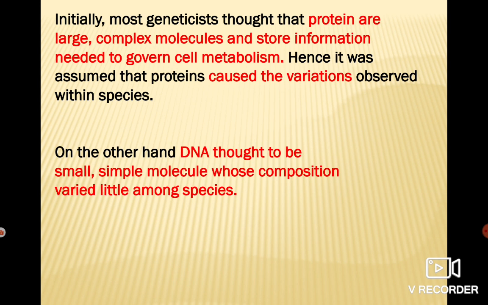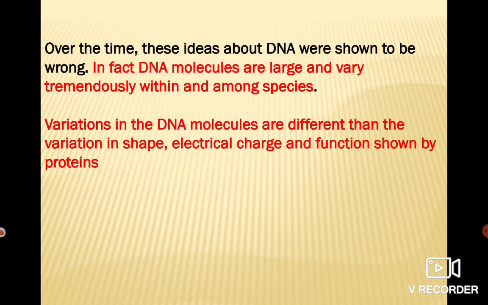On the other hand, DNA was thought to be a small, simple molecule whose composition varied little among species. Over time, these ideas about DNA were shown to be wrong. Now we know that DNA is the genetic material. It is large and varies tremendously within and among species.